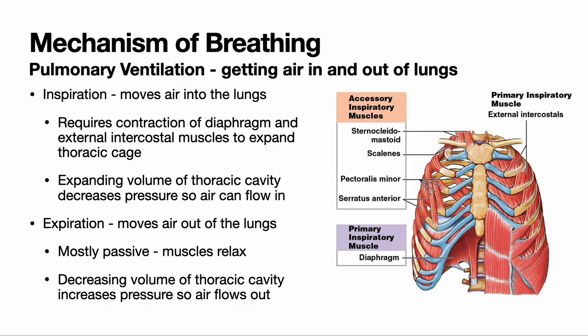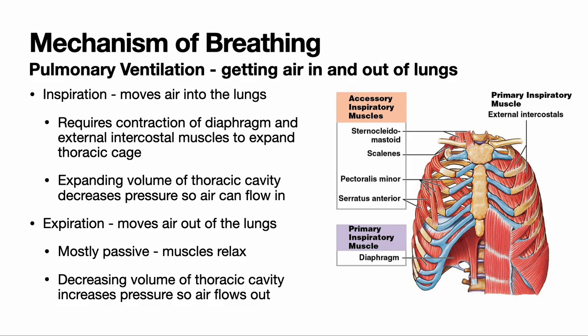When you contract the diaphragm, it actually flattens out and that drops it towards the abdominal cavity. And when the external intercostal muscles contract, it lifts the ribs. And these two things are going to increase the size or volume of the thoracic cavity. And that's important because when you increase the volume of something, you decrease the pressure of the gas within. And I'll talk about that more in a second.